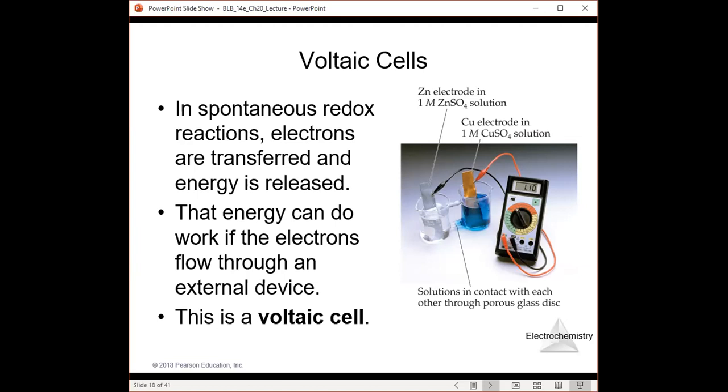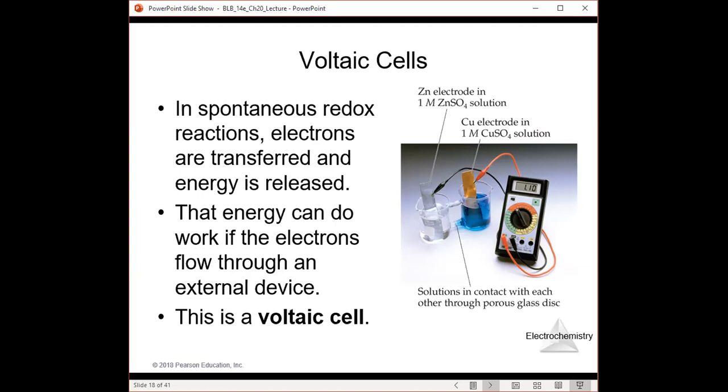So here you have 1 molar zinc sulfate solution on one side, and copper sulfate solution on the other side. You see that copper is a blue solution, and then you put the metal in it.